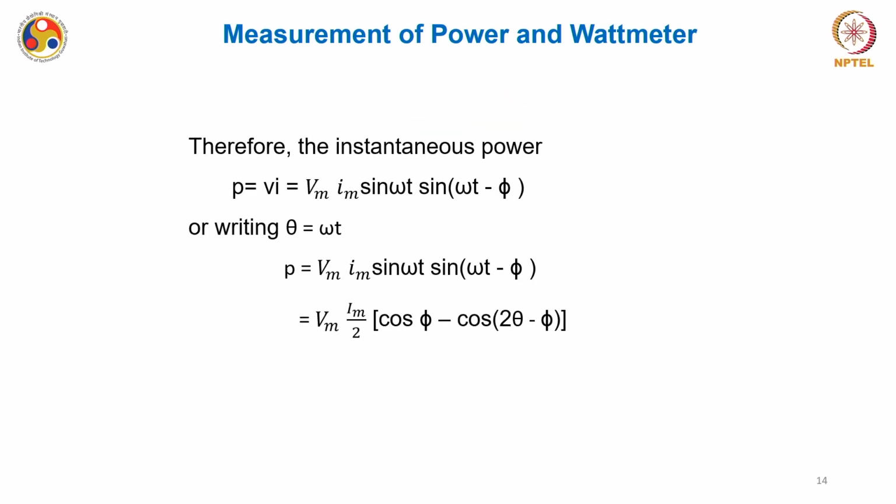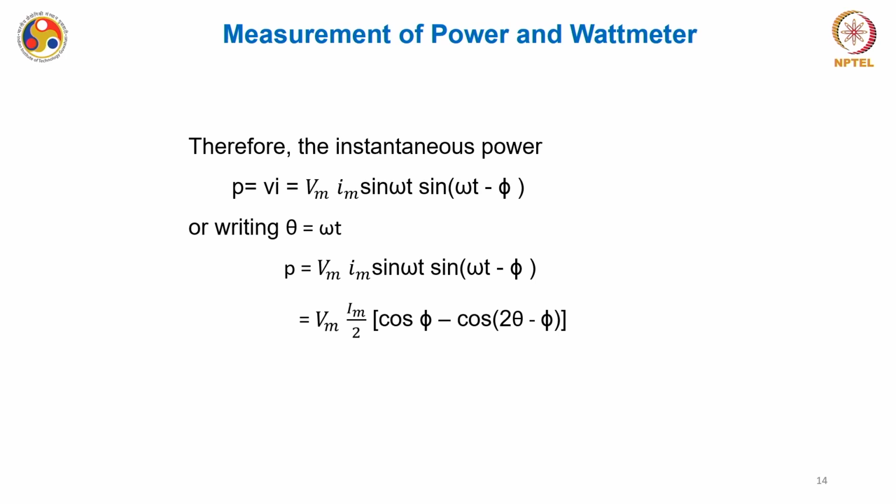Now if I have to calculate the instantaneous power, I will simply multiply them. So instantaneous power P can be given as V into I, or if I multiply them, I will get Vm into Im into sin omega t into sin(omega t minus phi). I am calling this equation 10.